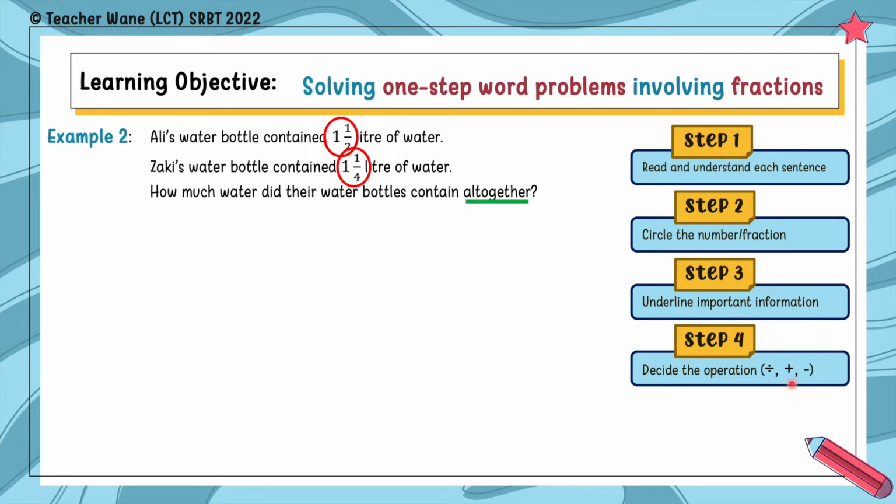Divide, plus, or minus. Which operation are you going to choose to answer this question? Great, we are going to choose addition because of the hint here, all together. So I'm going to choose plus.